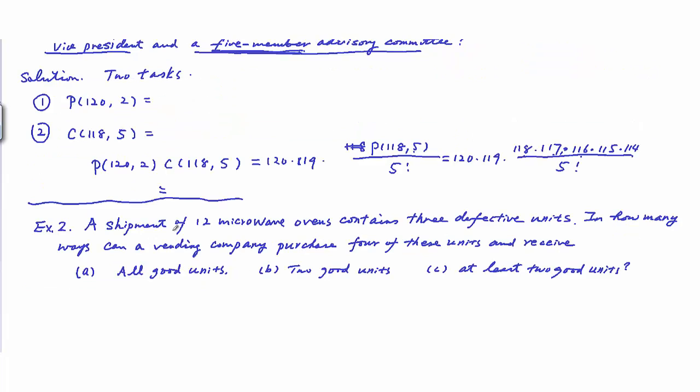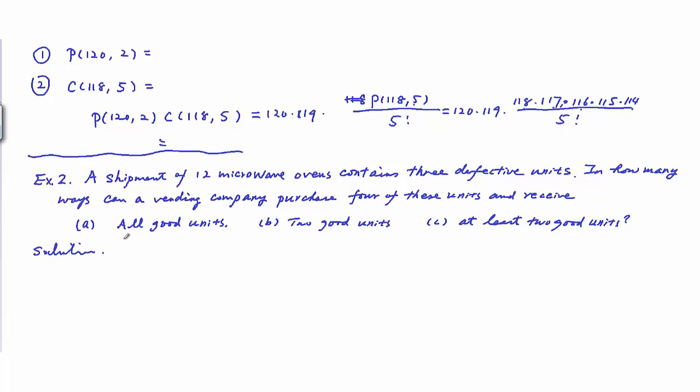Example 2. A shipment of 12 microwave ovens contains 3 defective units. In how many ways can a vending company purchase 4 of these units and receive A, all good units, B, 2 good units, C, at least 2 good units? So to think about A, all good units: because we are told 3 are defective, there are 9 good units.